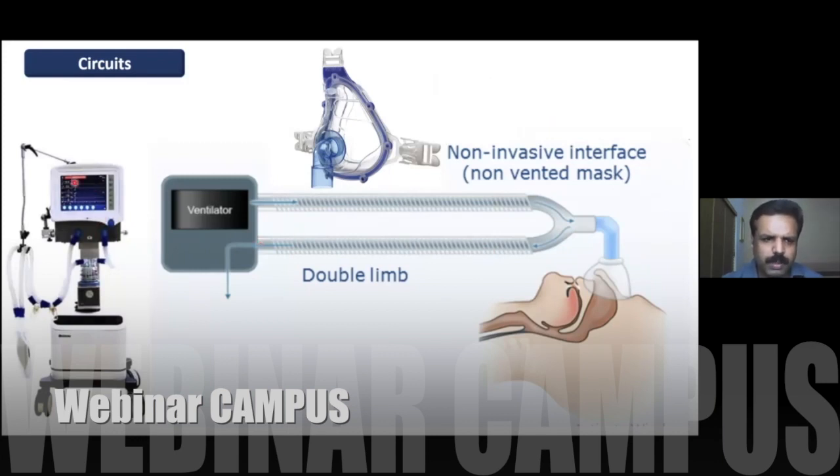This is basically used in an ICU ventilator. You select a non-invasive ventilator mode, then go with the dual limb circuit. Here what you have to keep in mind is, the mask you are using should be non-vented. There should not be any air leak here because there is an expiratory port. Clear? Repeat once again, dual limb circuit, no air leak. Single limb circuit, air leak should be there.